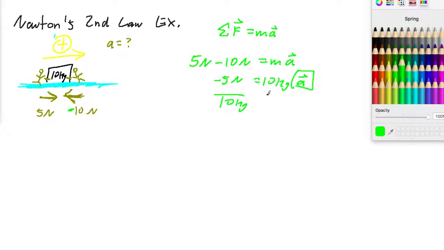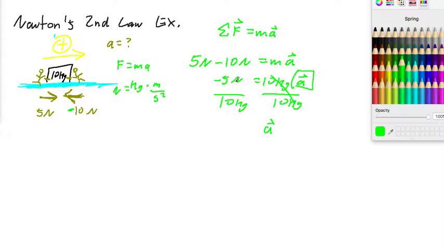And now you may be thinking, wait, how is newtons equal to kilograms divided by kilograms? What's going on? Remember, force by definition is always ma. Mass is in kilograms, acceleration is meters per second squared. So a newton is equal to a kilogram times meter per second squared.